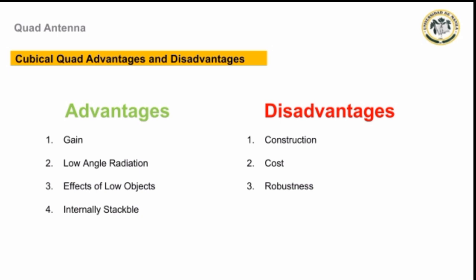For disadvantages of cubical quad, first we have construction. The construction of the quad antenna is not as straightforward as a simple Yagi. It requires a more complicated form of construction. Second is cost. The more complicated construction often results in higher cost for a quad than for a Yagi.